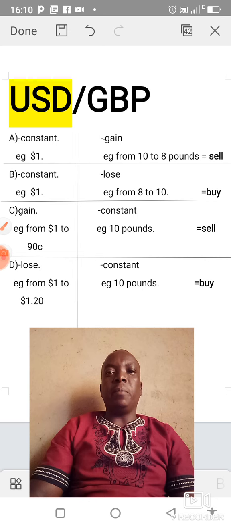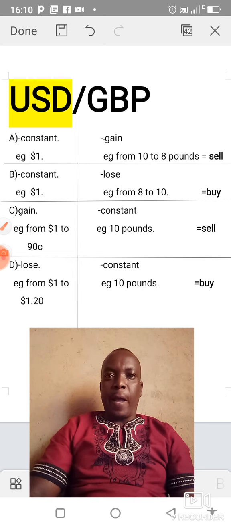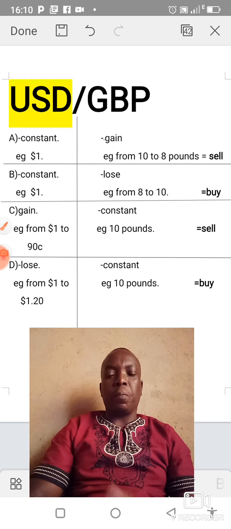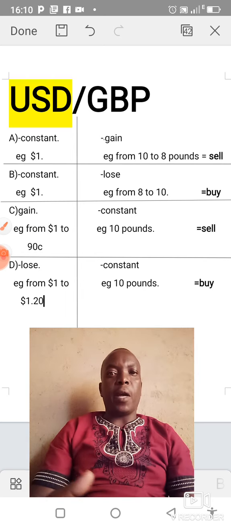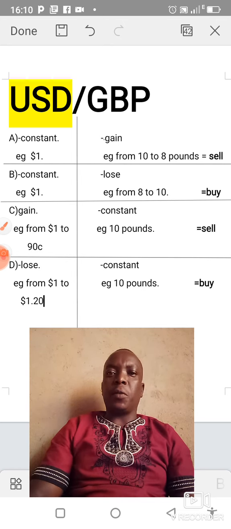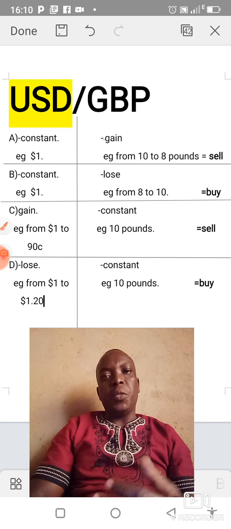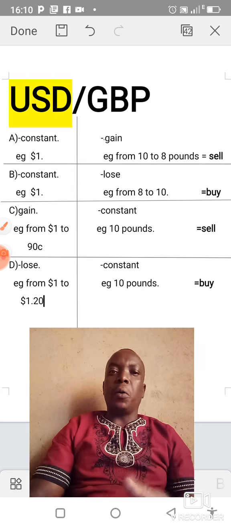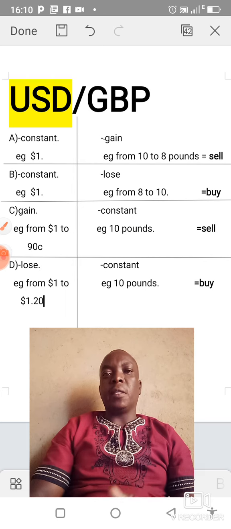This shows us that the US dollar has gained in value. If you foresee that the US dollar, the base currency, is going to gain in value, you will place a sell, because on the candlestick graph you shall witness the graph going down.